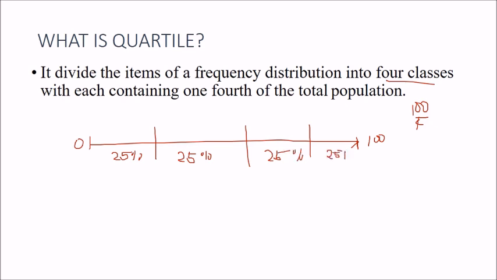This would be your first quartile. So, first quartile, that would be 25%. Next is the second quartile, Q2. That is our second quartile. That is 50%. And your third quartile, which is 75%.